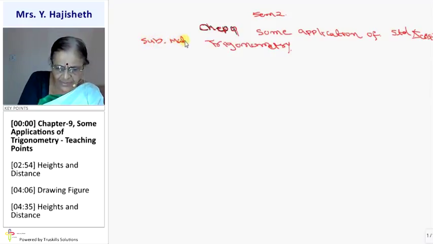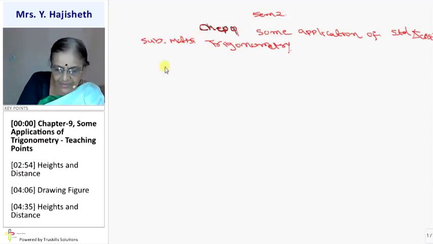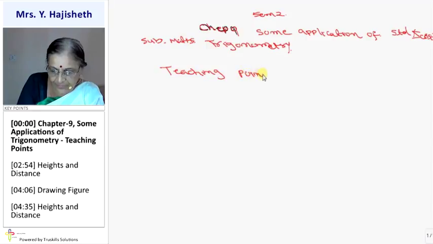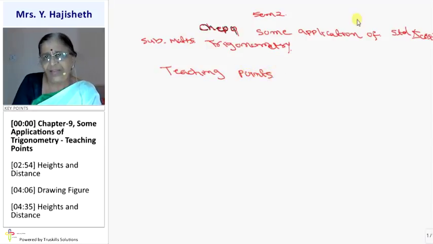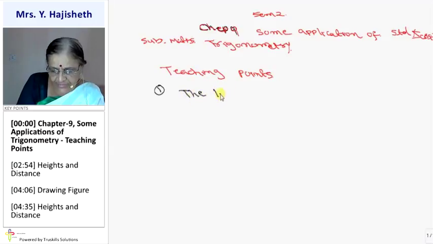Now this topic is a very small topic. If I divide this topic into different sub-concepts, very less. You can see there are only 3 teaching points. First, you should know the meaning of this terminology or this definition: line of sight.